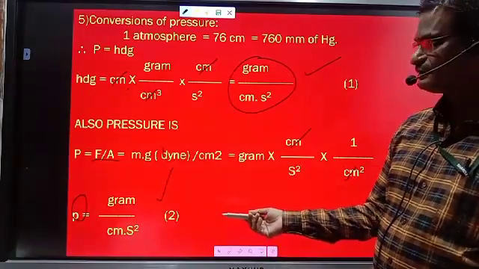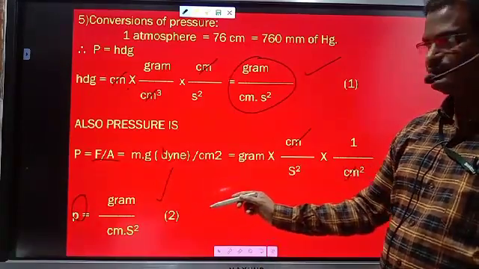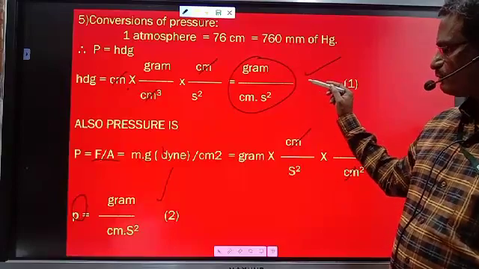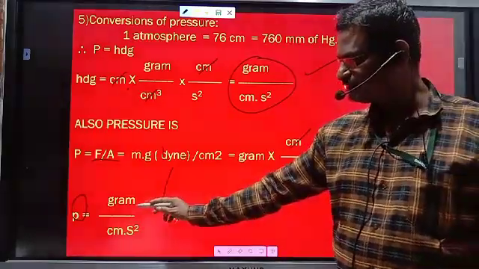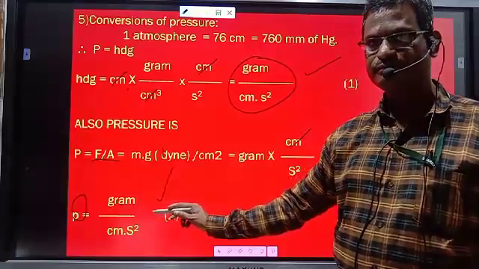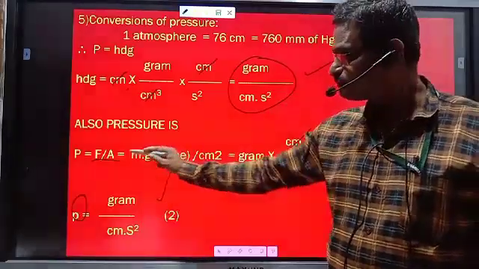Same units, as the right hand side of equations 1 and 2 is the same. Therefore this is the pressure, that is force per unit area.